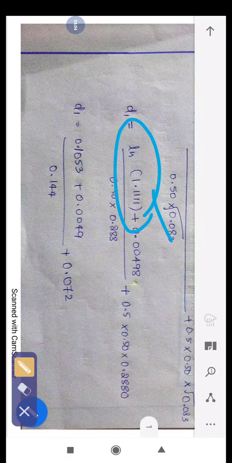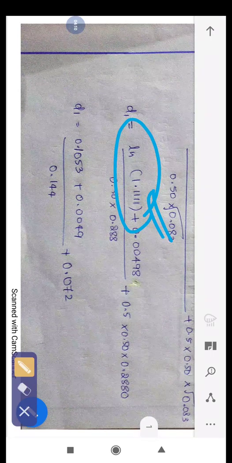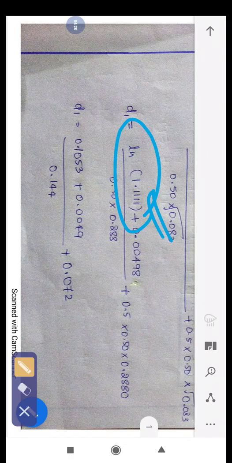I have already uploaded one video on how to calculate the log values, so you can also check out that video. Still, if you have any doubt about how to calculate the natural log for any values, I'll once again tell you these steps, so please note them down.